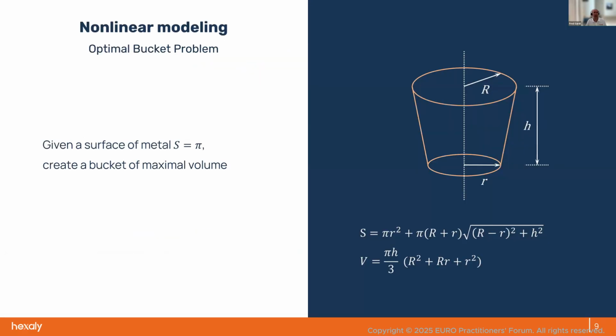Here I want to give you a small example in nonlinear optimization, just to give you an idea of the power, the expressiveness of Hexaly. And also to explain that Hexaly is not just good for discrete optimization problems. So we have some clients that use it for solving linear problems. Okay, it works.